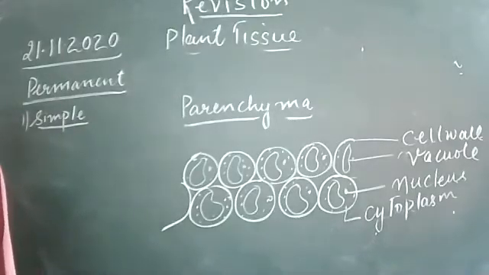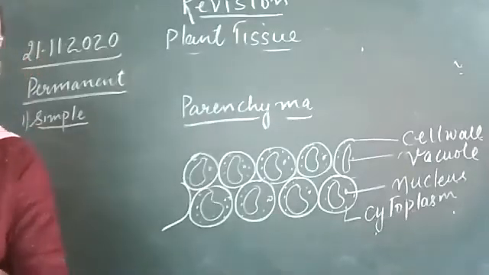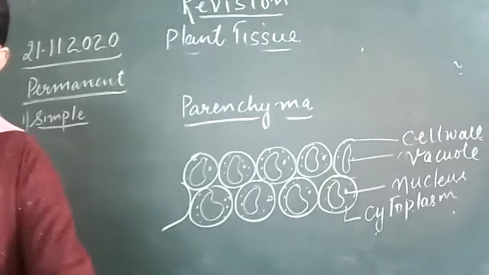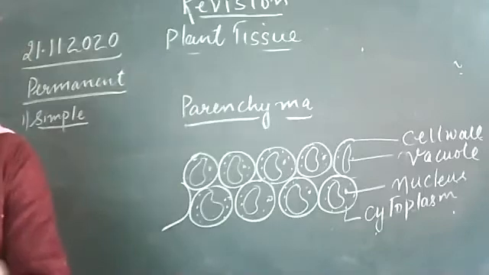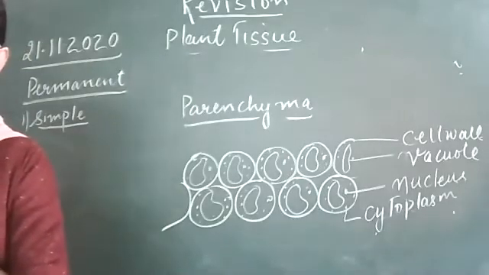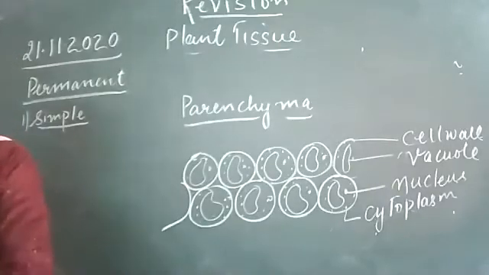Ma'am, it can be. Okay. Next. They have intercellular spaces. Yes, ma'am. The main point is they have intercellular spaces. Hanji. And then cytoplasm also. They have a thin cell wall.